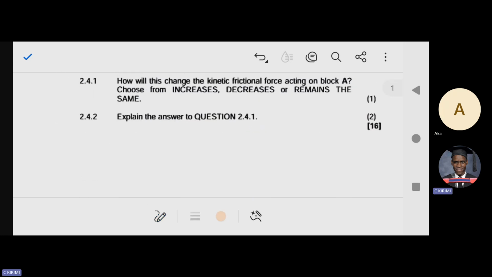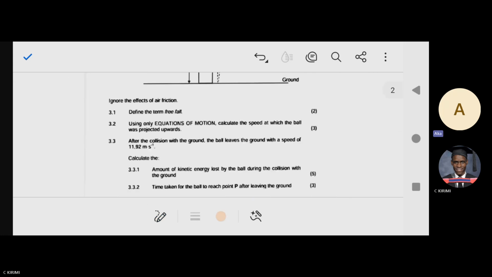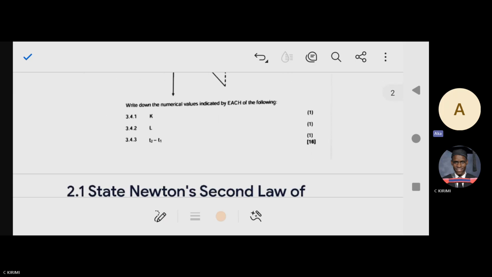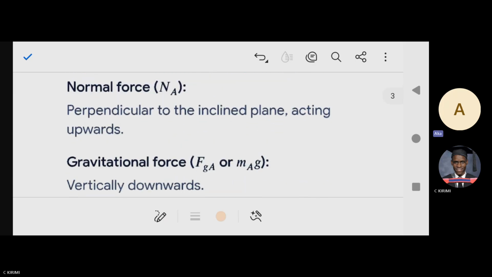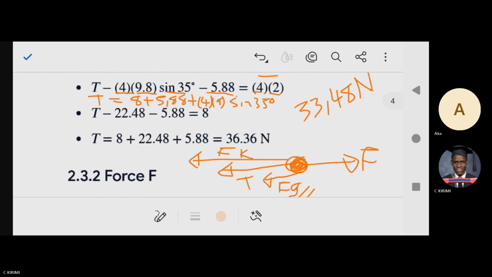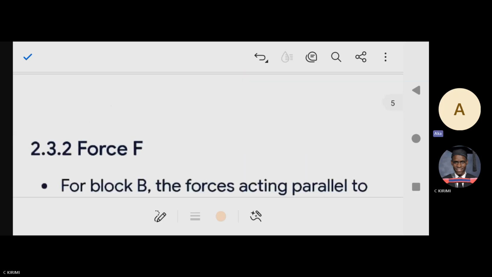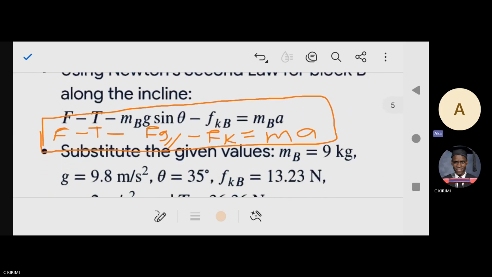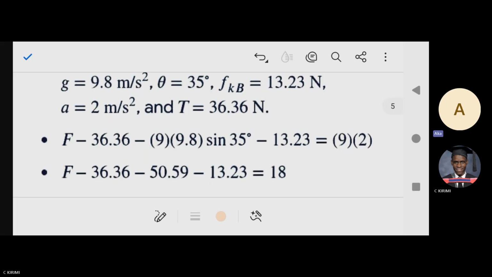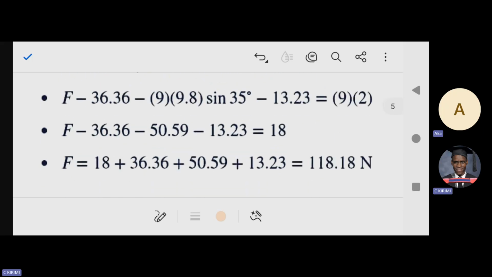Okay, let's just verify. Correct. That's excellent. Now you get the logic, ne?